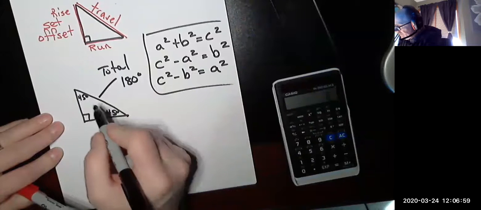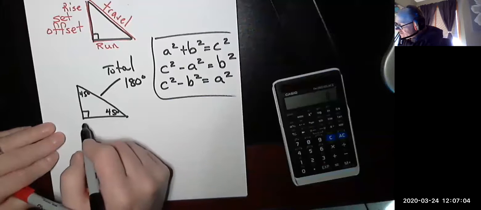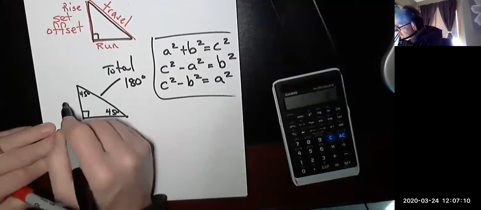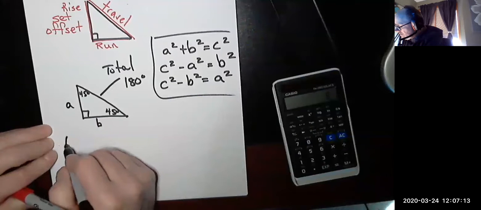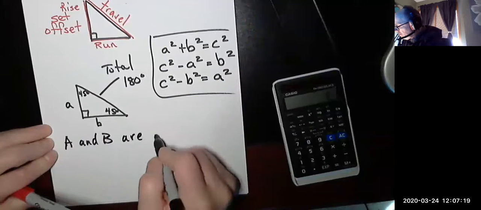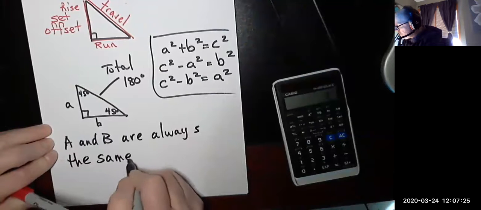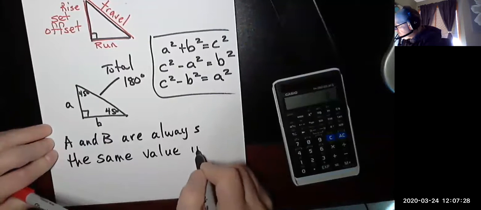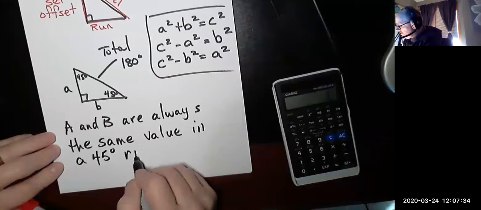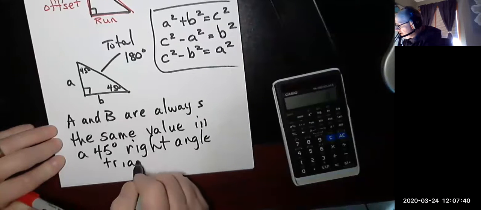If we're talking about 45-degree angles here and here, we could then surmise that A and B are always the same value in a 45-degree right angle triangle.